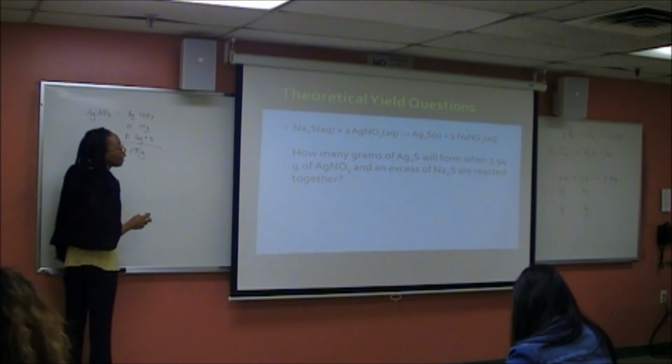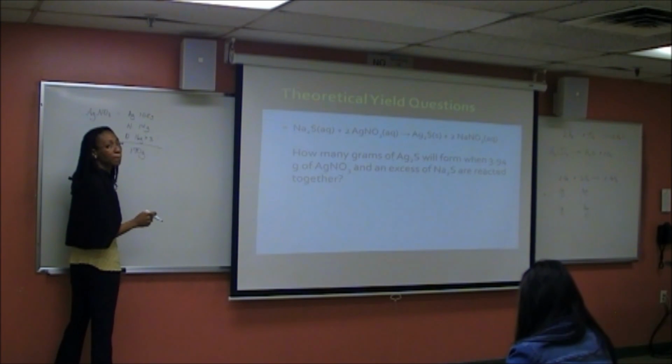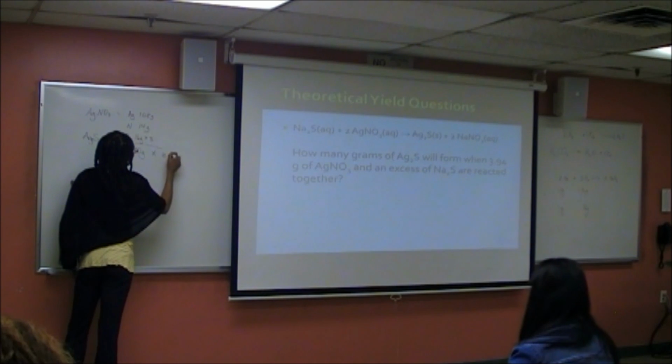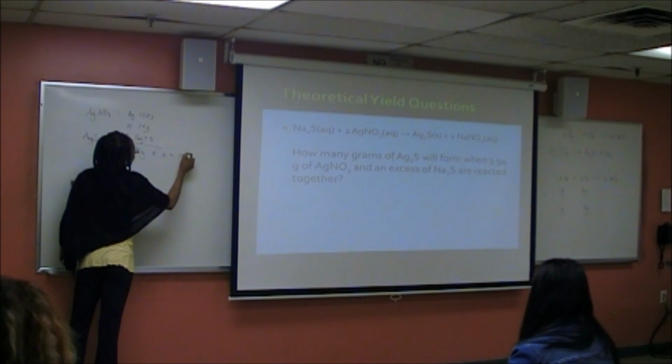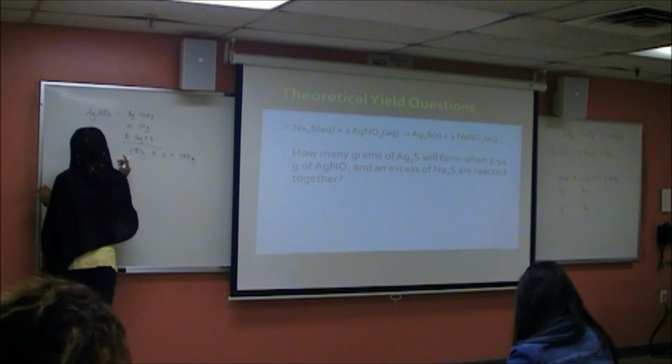There you go. Now, what do we need to do with my silver nitrate? Multiply by the coefficient, which is 2. So this is 340 grams.